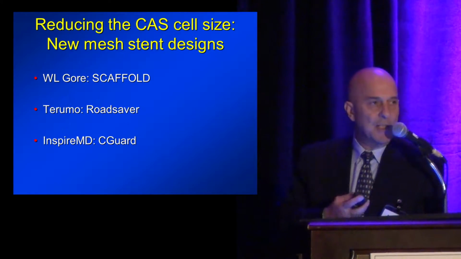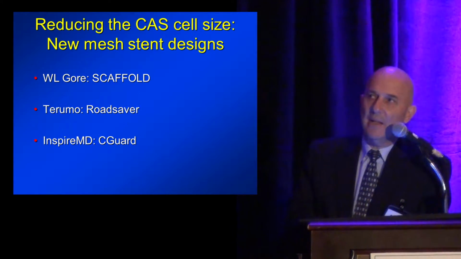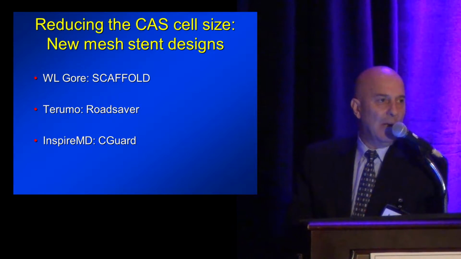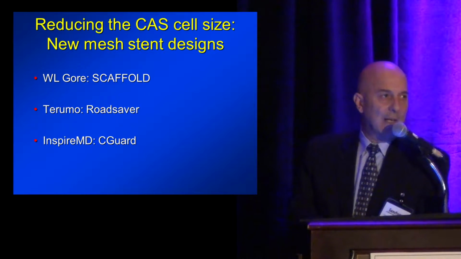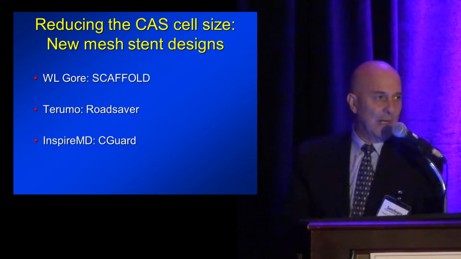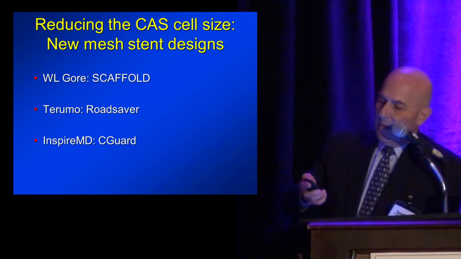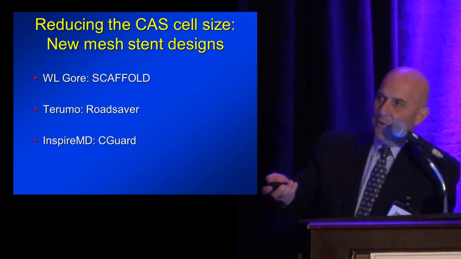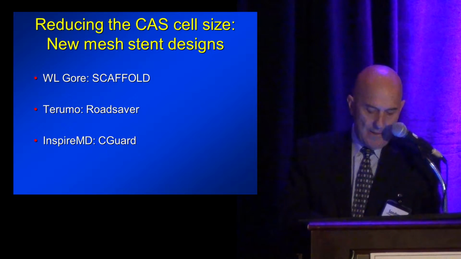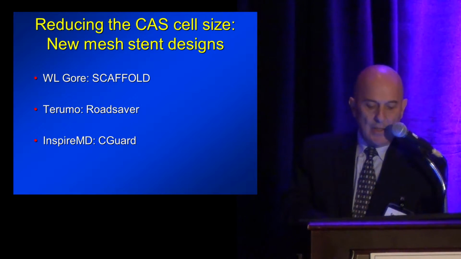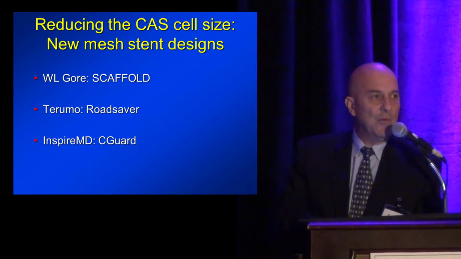So they have this mesh behind, and we have nowadays 3 stents available. In the United States, only the Gore carotid stent is available, during a trial. In Europe, they are using 2 other ones, the Terumo and the Inspire MD stents as well. So let's review each of them.